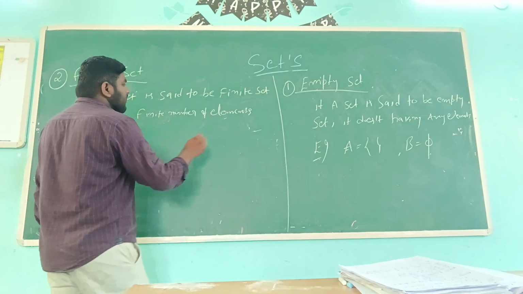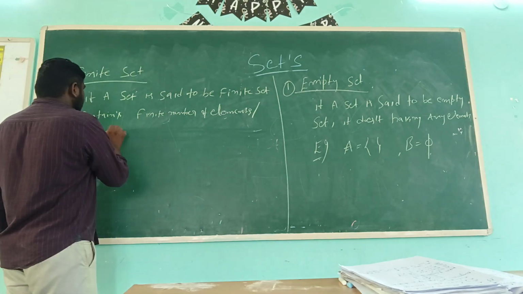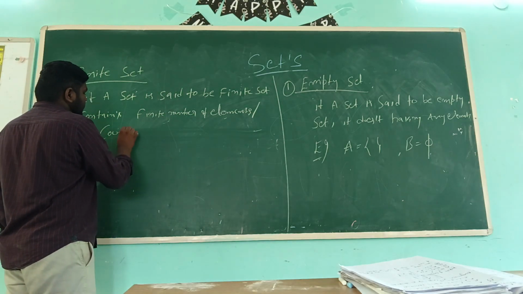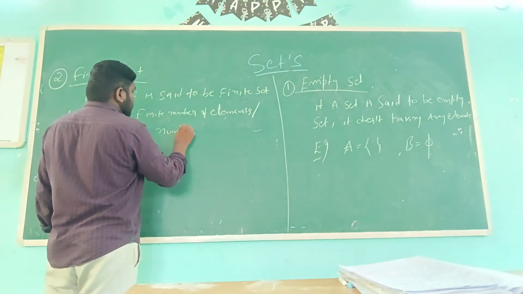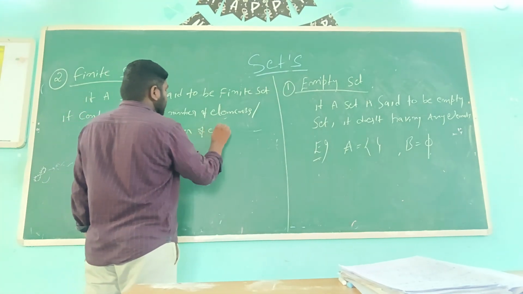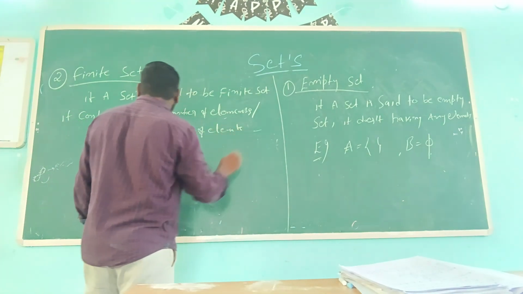Understood? Finite number of elements or countable number of elements.